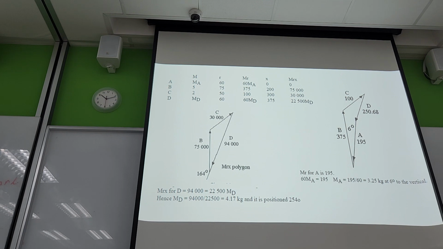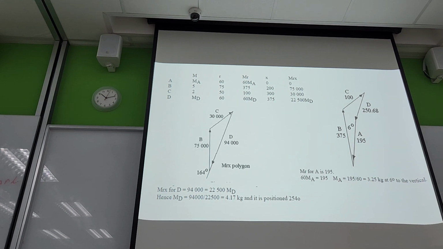So now you can see mass A, 5, 2, mass D. Then you can write 60, 75, 50, 60. Then M into R, so you can write 60 times MA. 375, that is 5 into 75. This is 50 into 2, then this is 16. So the L is first one 0, 200, 300, 375. So then prepare this R into L. So this column you can calculate.